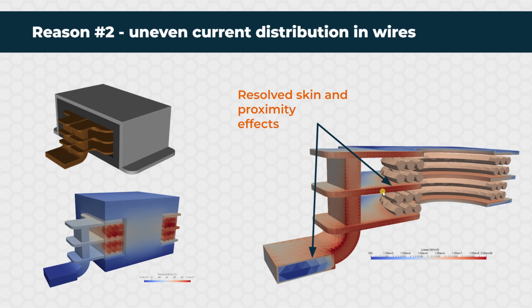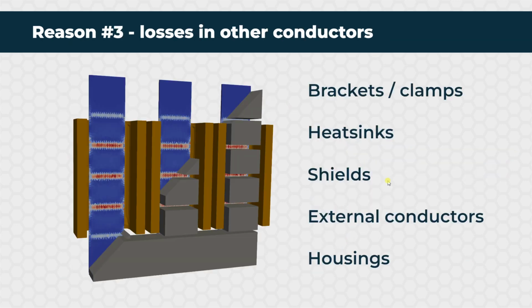So you end up with a proximity effect, with those currents trying to attract. Therefore, we see more concentration of currents in those edges where our inductors bend. We also see more losses. And again, that could be very challenging to calculate with any method other than 3D FEM.